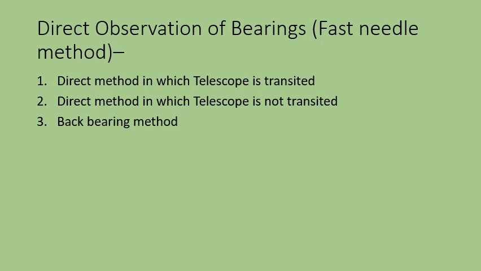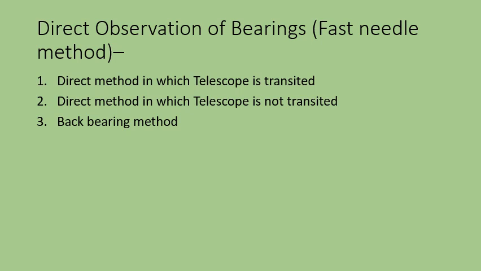The first can be adopted when you are provided with a transit theodolite, which can be rotated in the vertical plane. But we have to ensure that your telescope or your instrument is in perfect permanent adjustment.